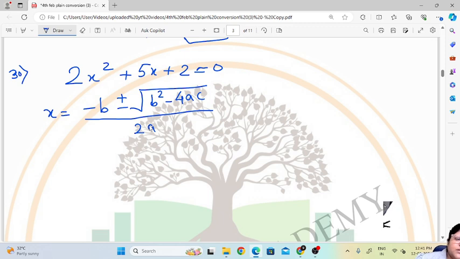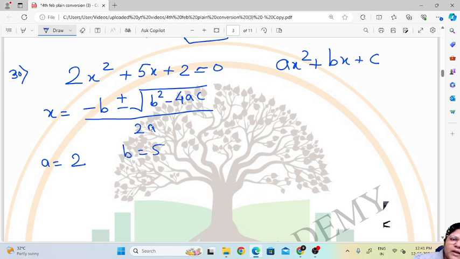The next thing will be to write the a, b, c values, so that you don't get confused. A is 2, because the standard equation is ax square plus bx plus c. B is 5 and C is again 2. Whatever is with x square, that is A. Whatever is with x, that is B. Whatever is without any variable, which means it is constant, that is C.